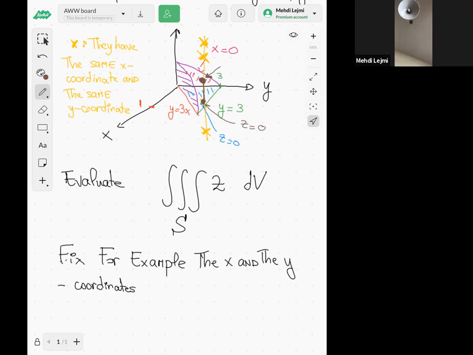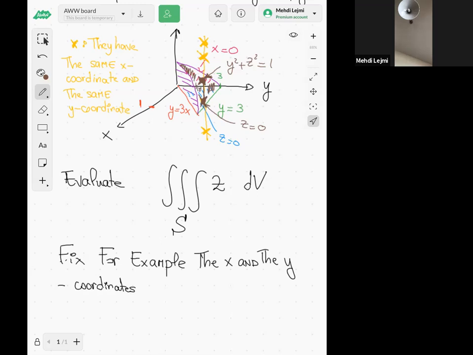So this is the cylinder, that's Y squared plus Z squared equals 1, right? This point here belongs to the XY plane, and this point belongs to the cylinder. This face here is described by the cylinder.